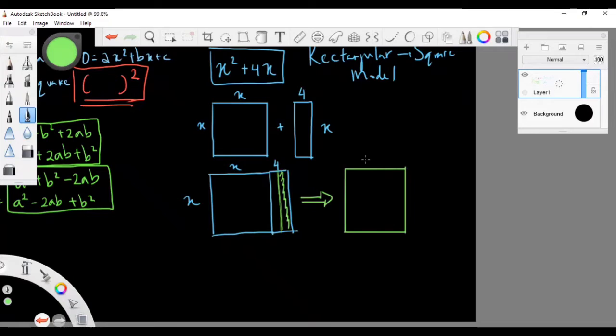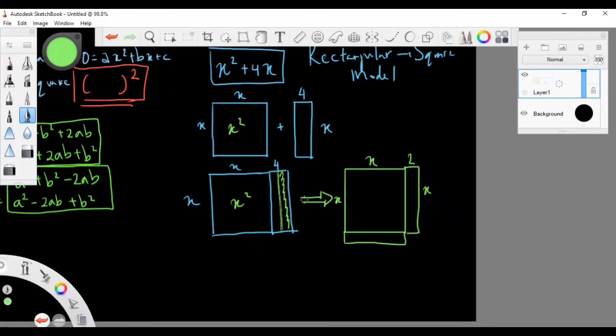Again, I don't change the x and x here, the x squared. The 4, you divide by 2, so you cut it in half. This will be 2, and this is still x; we don't change the width.